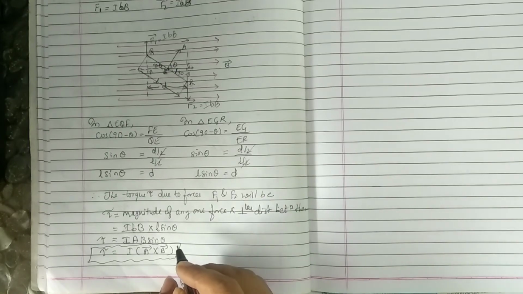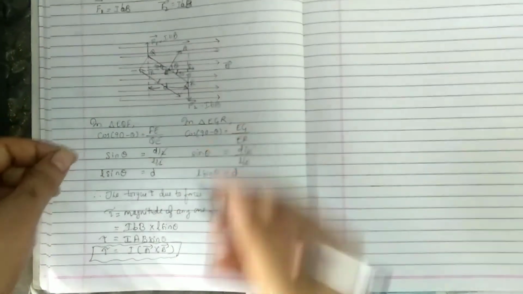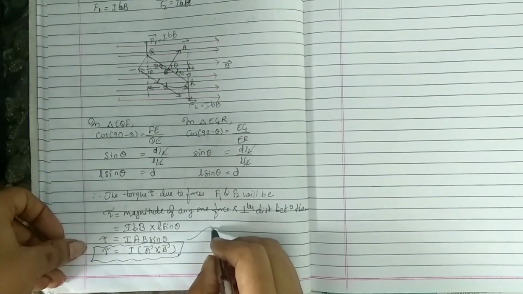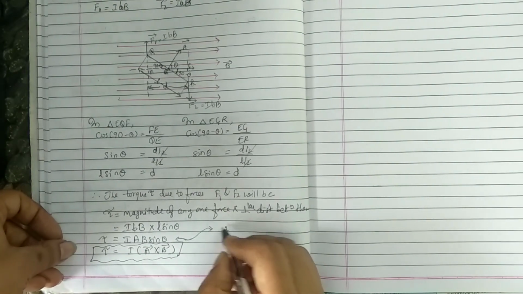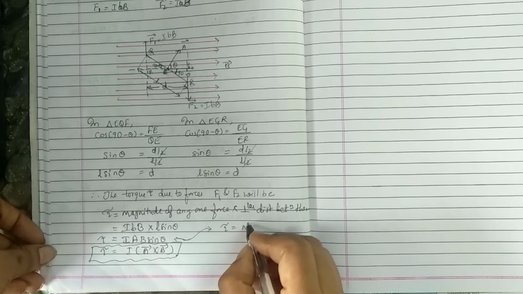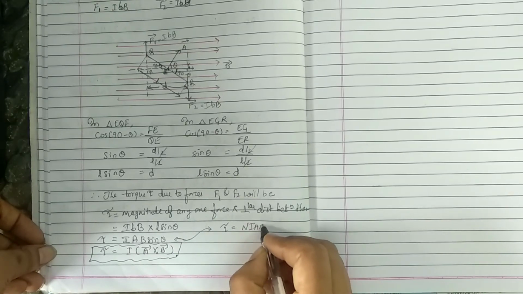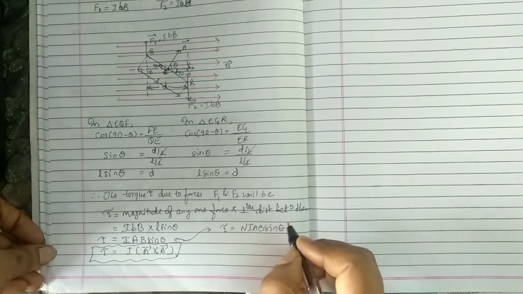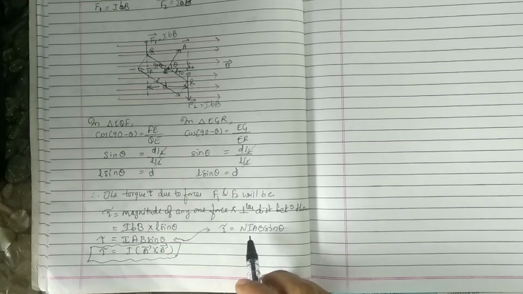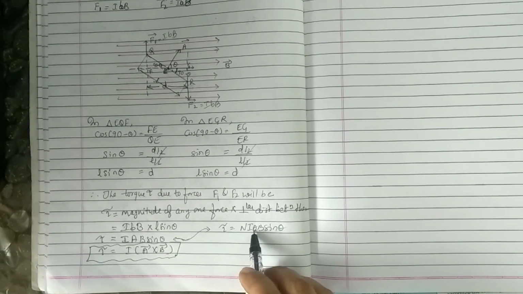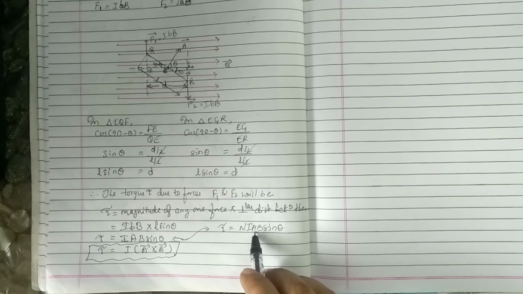If there are N turns in the coil, you can modify this equation as tau equals N I A B sin theta. If you remember, in 11th standard we studied that I into A is nothing but the moment. It gives you the dipole moment.